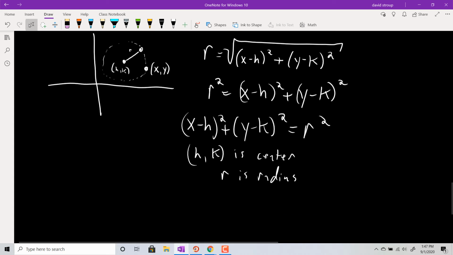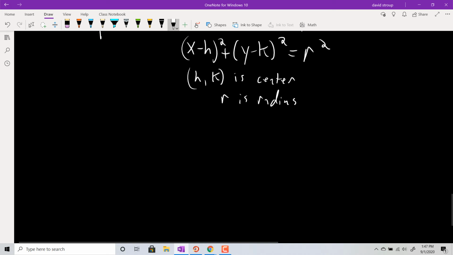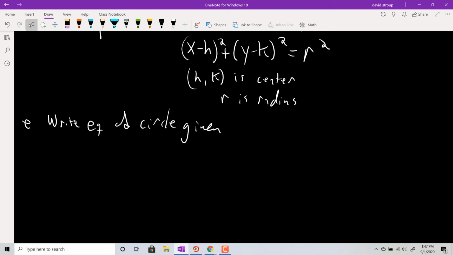Okay, so what do they want us to do with this? They want us to create equations of circles, given information. It's just like when we created equations of lines, right? So write the equation of a circle given, so this is an example, the center, let's put C for center, is (2, -1), and the radius is 4.